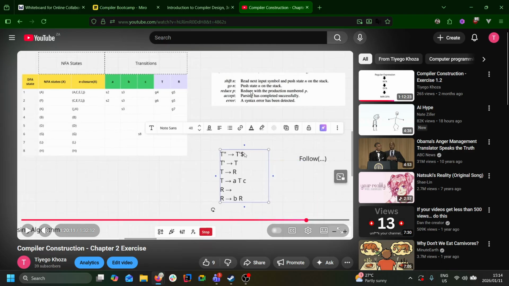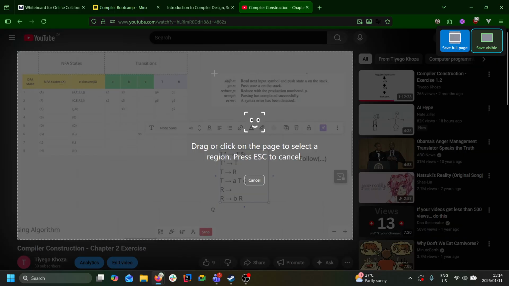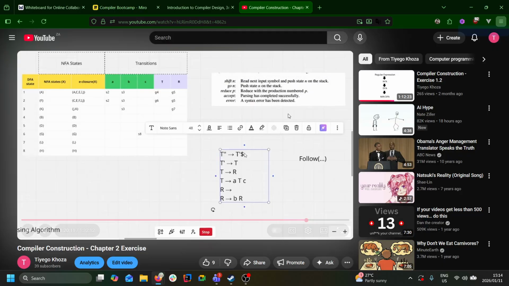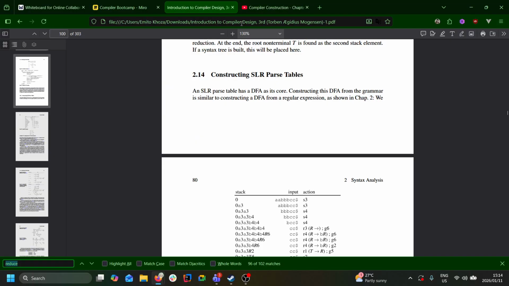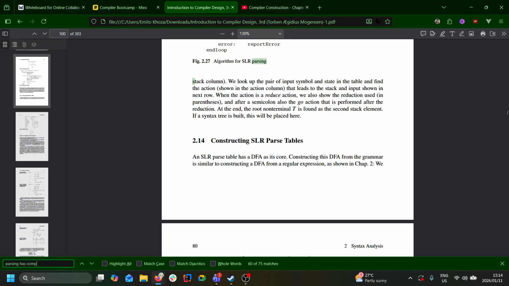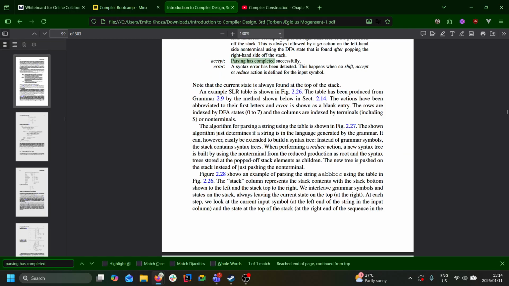Yeah, okay, we have go N and then reduce P, accept, and shift N. Okay, so yeah, there we go. So I was looking for this exact bit over here.